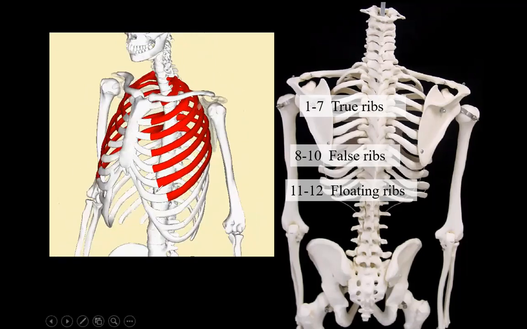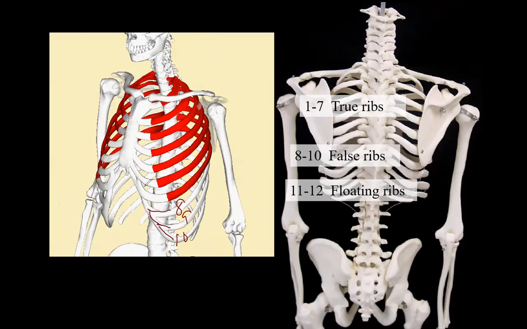You'll notice on each one of those false ribs, 8, 9, and 10, that they attach to cartilage here.